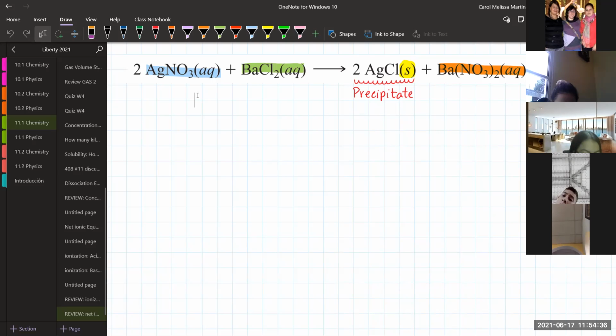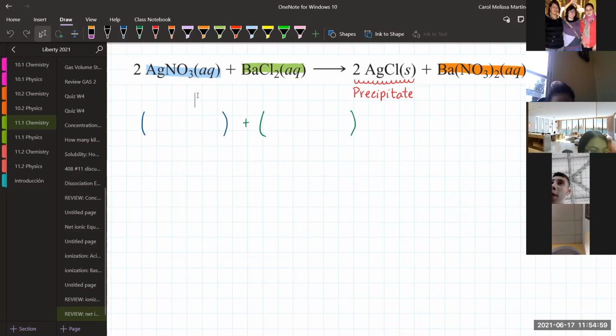Now, take a look. What we do here is dissociate each aqueous substance. In my first step, I will dissociate silver nitrate. In the second step, I will dissociate barium chloride.